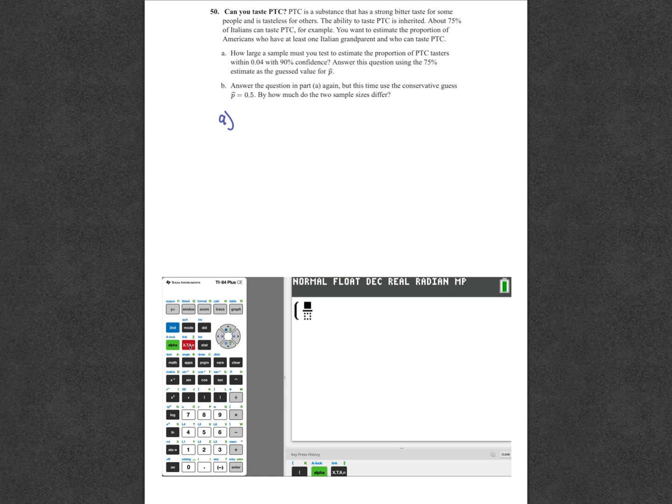Okay, I must not have done the calculator, but the Z star associated with a 90% confidence interval is 1.645. Then we'll multiply that by our standard error, the square root of p hat times 1 minus p hat.